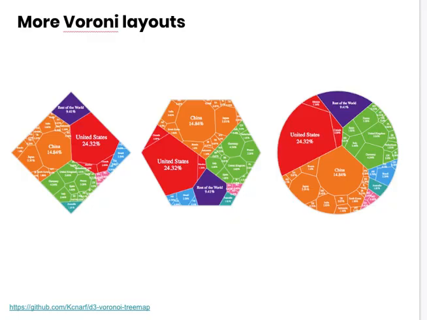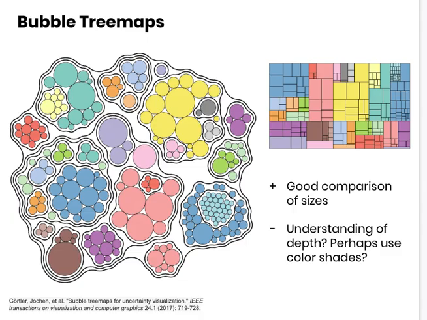And to complete our review on implicit techniques, here's another one that some may call a Venn diagram, for example. They call it the bubble tree maps. The idea is still the same, that you're nesting your nodes into each other.